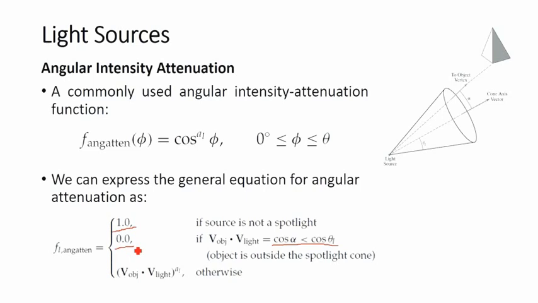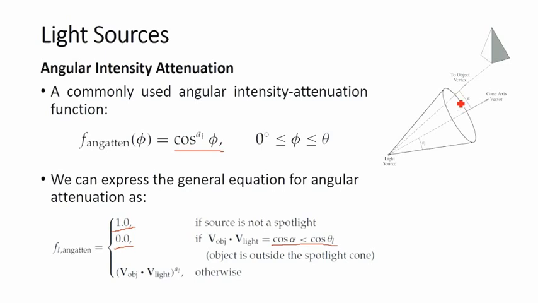If not, as we have seen, we will model it as the dot product of the unit vector along the object and the unit vector along the axis of the cone that is produced due to the directional effect of this light, to the power of the angular intensity attenuation exponent. So this is how we model angular intensity attenuation in a scene.